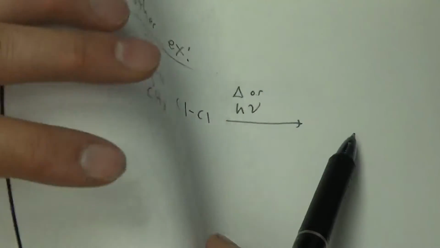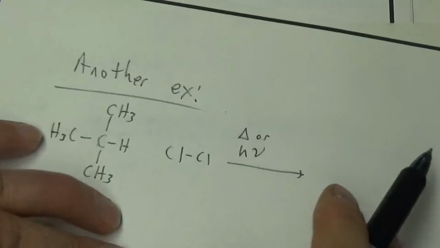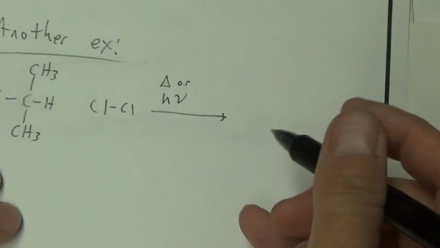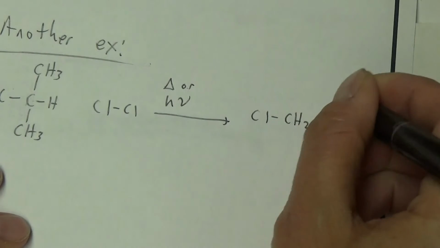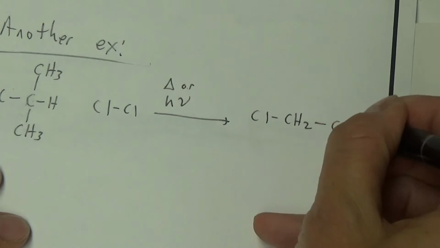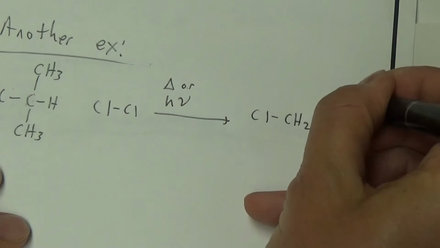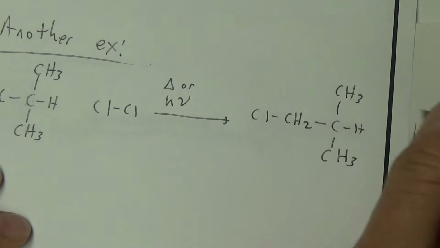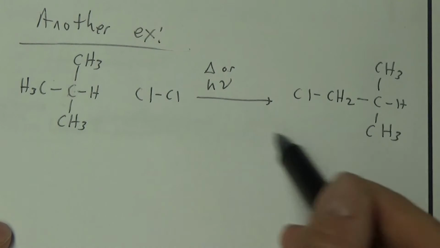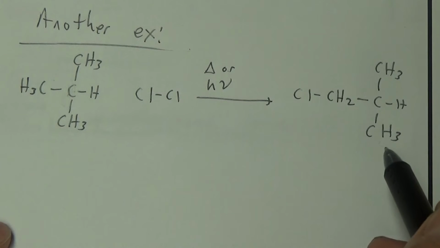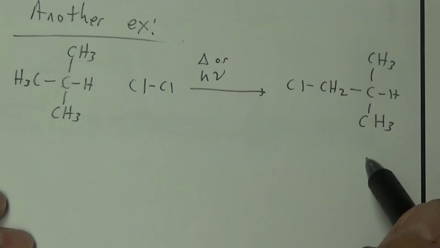Let's draw them. Cl, CH2, CH, CH3, CH3. This is a case where I'm not drawing skeletal. For these really simple molecules, it's almost easier to not draw skeletal, so I'm drawing each of the H's out.